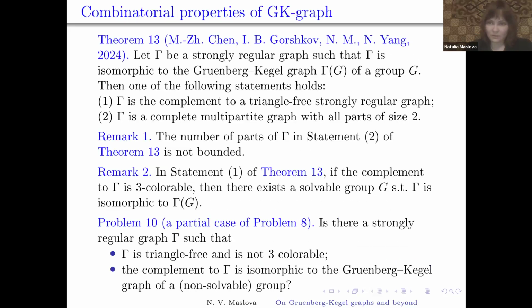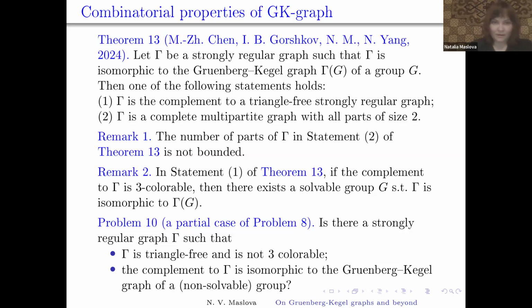And using the results about vertices which are non-adjacent to two in Gruenberg-Kegel graphs of affine groups, we have proved that if a strongly regular graph is isomorphic to the Gruenberg-Kegel graph of an affine group, then either this graph is the complement to a triangle-free strongly regular graph, or is a complete multipartite graph, or this graph is a complete multipartite graph with all the parts of type 2.